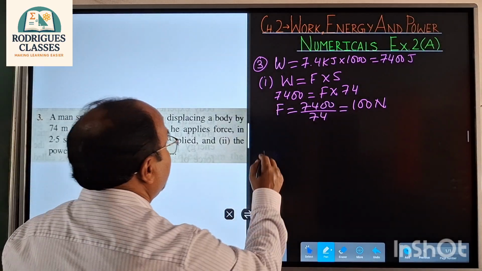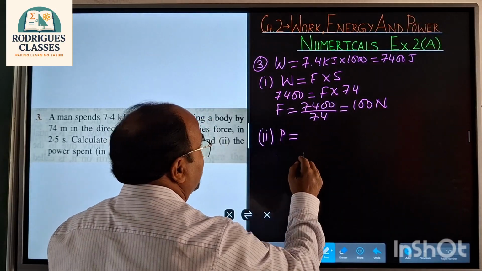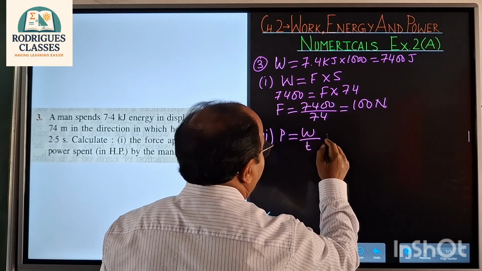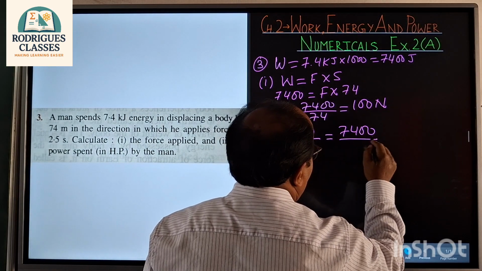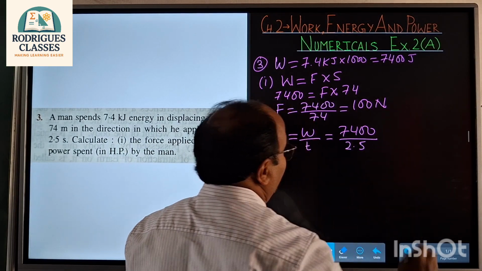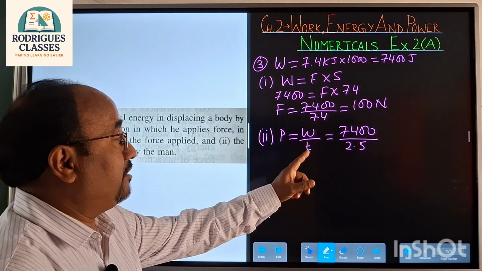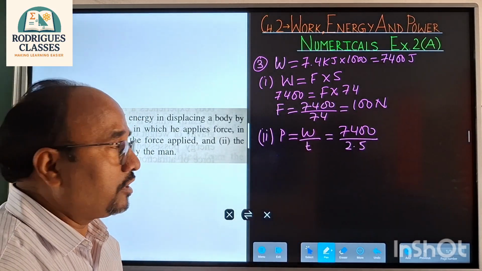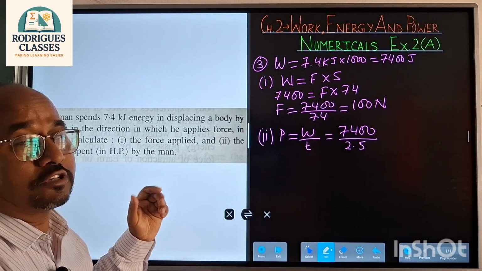For the second part, we have to calculate the power. So work done by time. Work done we already know is 7400 divided by 2.5. Okay, so this I will be getting in terms of watt. Okay, I have to convert it in terms of horsepower.